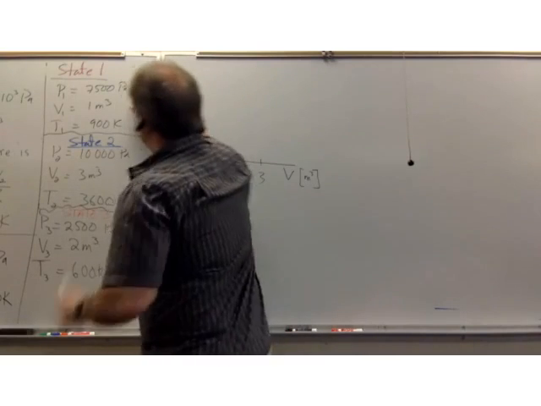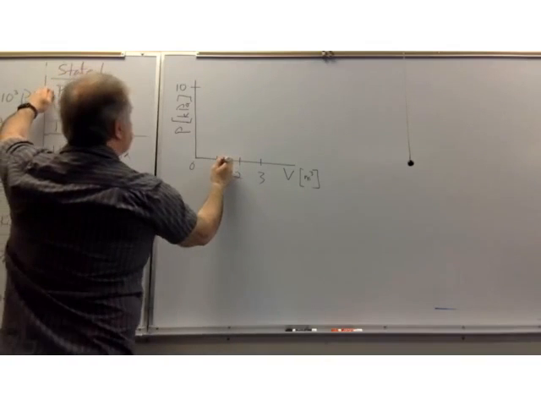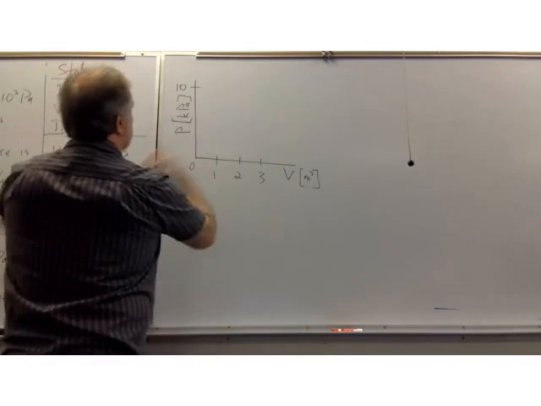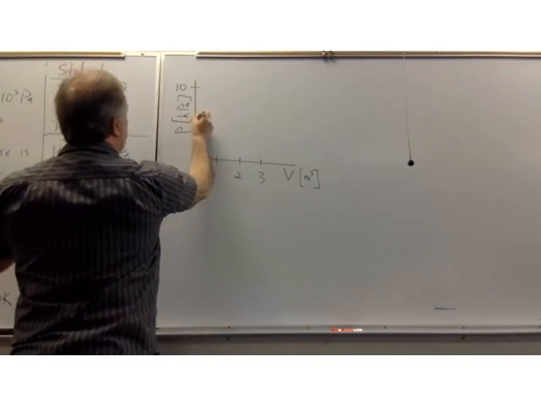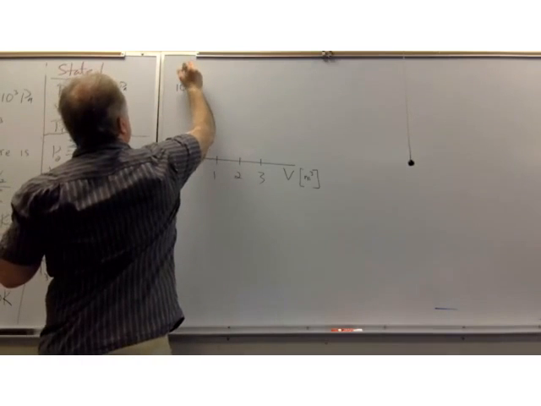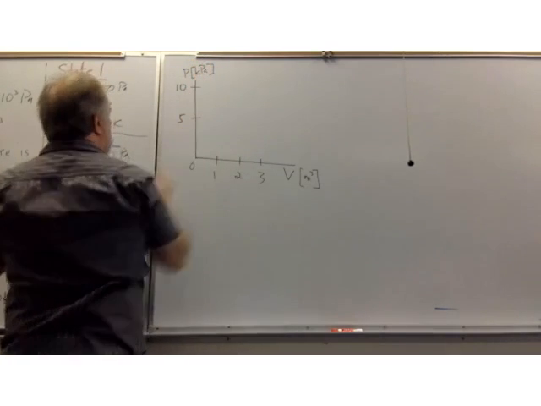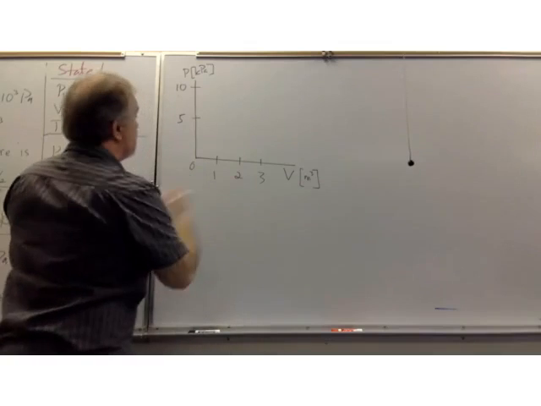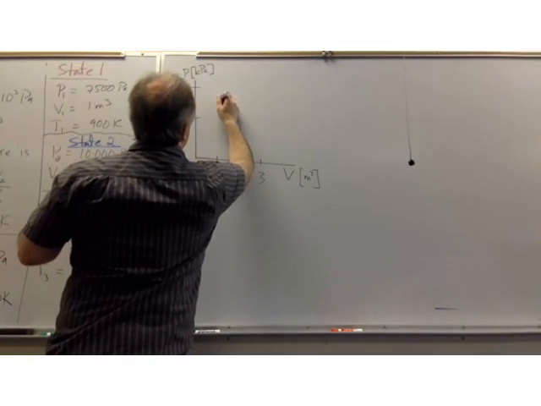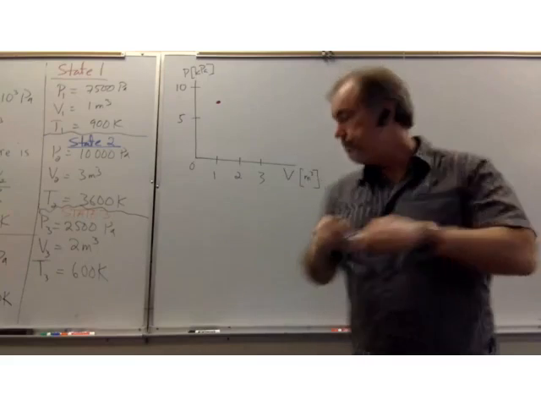My first data point is the volume is 1 cubic meter and my pressure is 7,500. Halfway up is 5, so 7,500 is roughly there, at 1 cubic meter. So that's state 1, roughly.